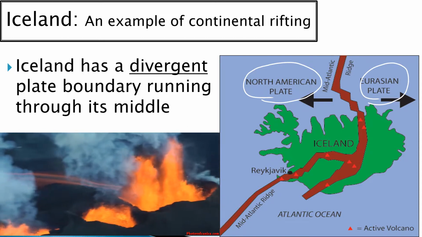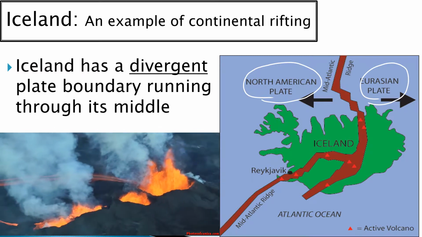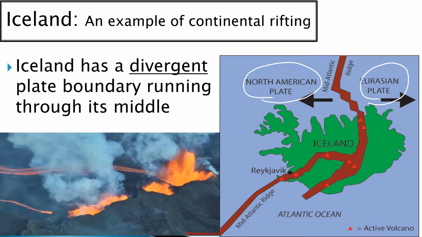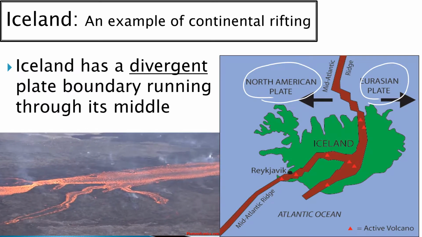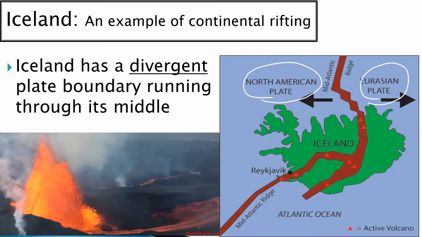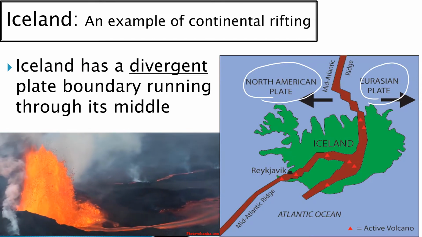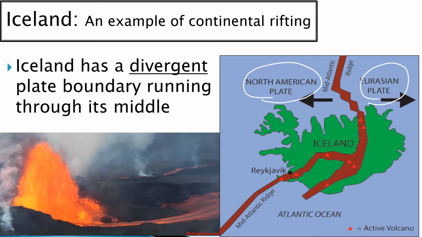Now, why don't we have islands like Iceland wherever we get an ocean ridge? Now, the reason is scientists believe that there's a large mantle plume, basically an upwelling of hot mantle material located right underneath where Iceland has formed.